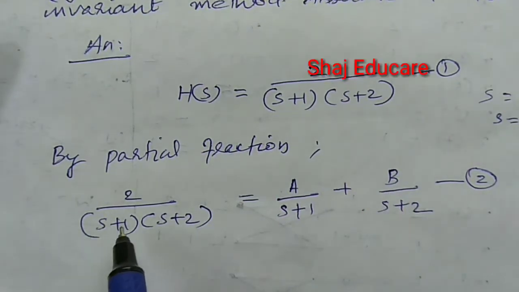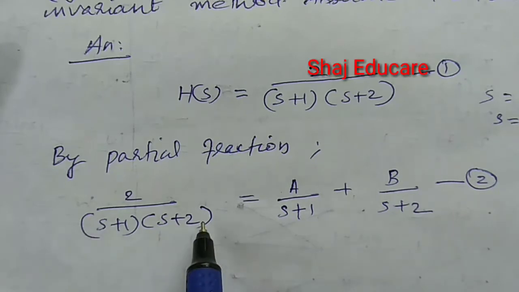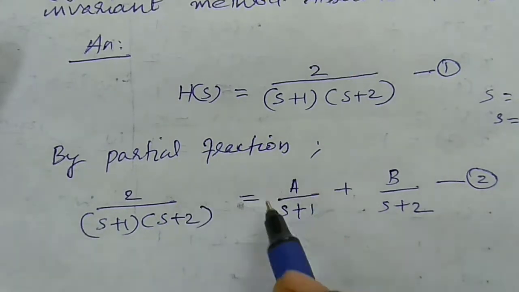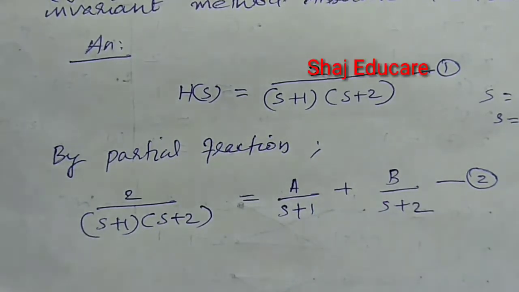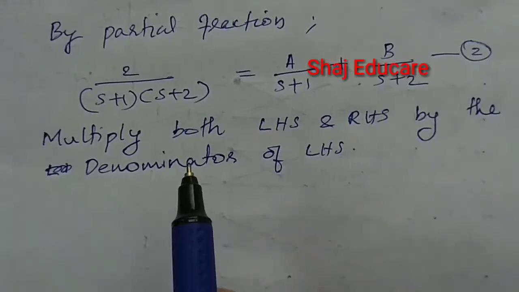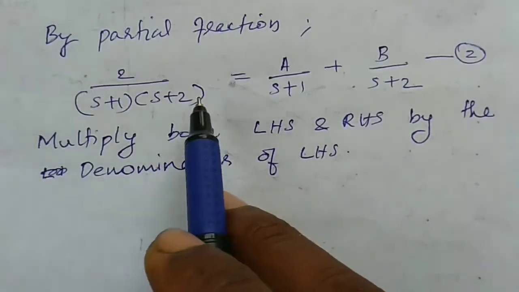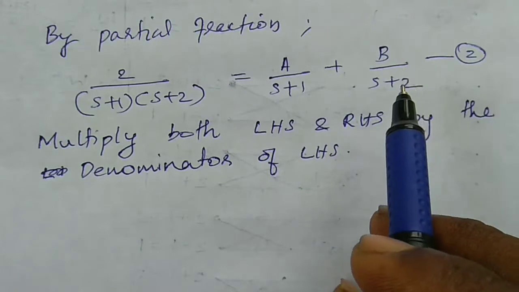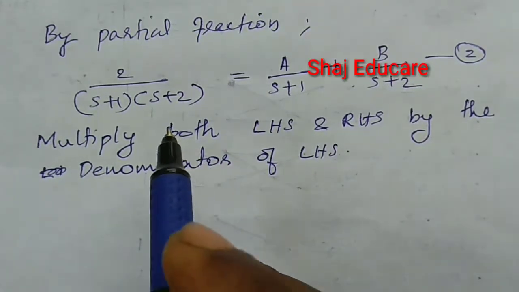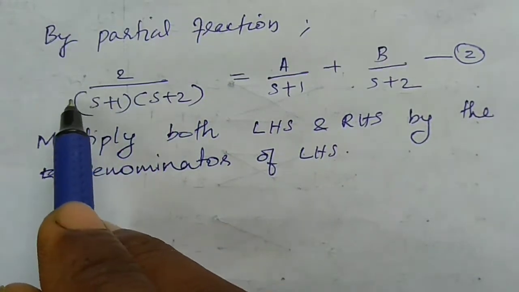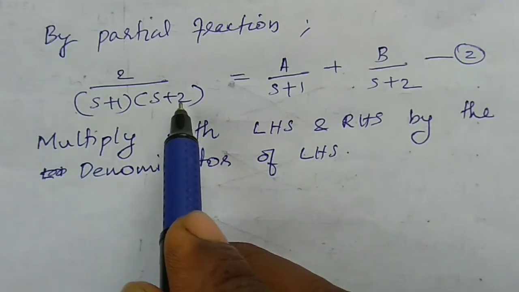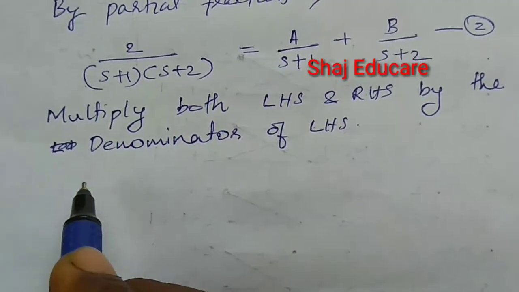Just multiply the denominator of the LHS here and the RHS also. That is, multiply both the left hand side and the entire RHS by the denominator of the LHS. Denominator of the LHS means (s + 2)(s + 1). Okay, now let's do that.